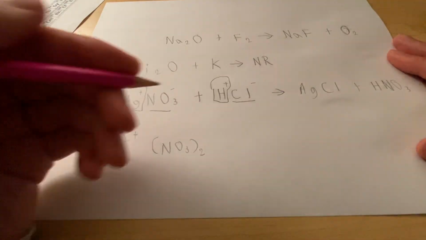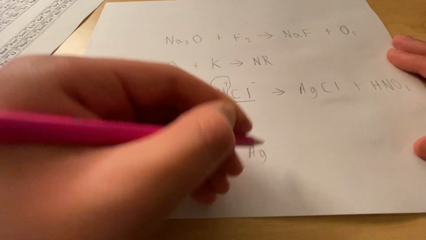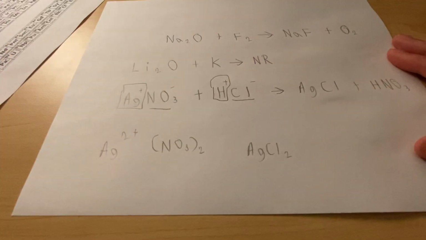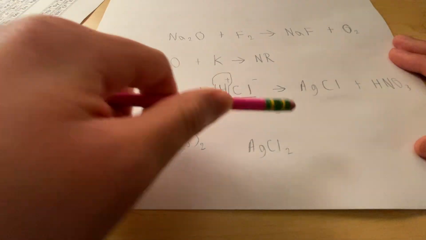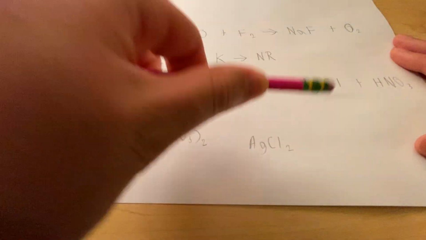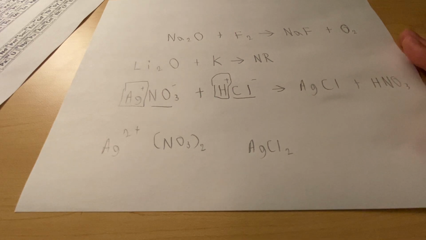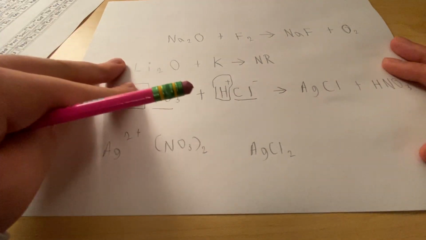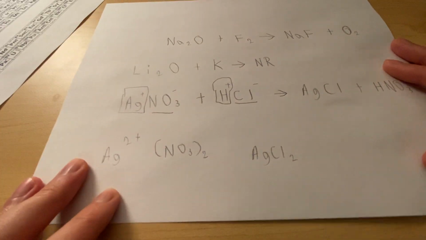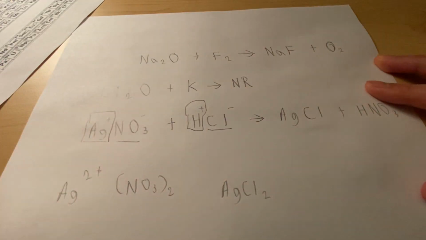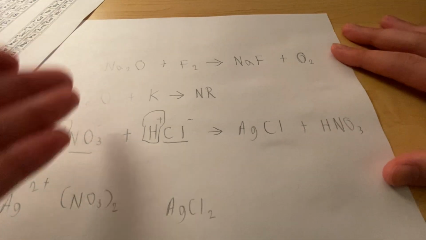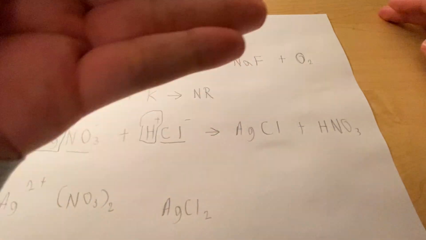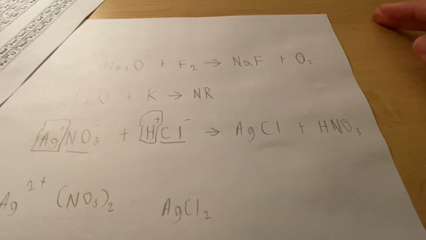So it would be AgCl2, because in this case it was a 2+ and chlorine's a minus, so you need two minuses for it to be 2 minus. 2 plus and 2 minus cancel each other out. But for this example, it's not a 2+, so that's why it's AgCl. Hopefully that didn't confuse you too much. Basically, this goes to AgCl plus nitric acid.